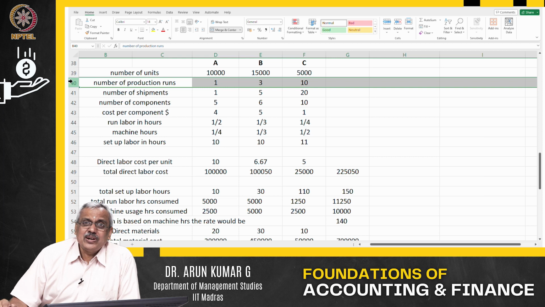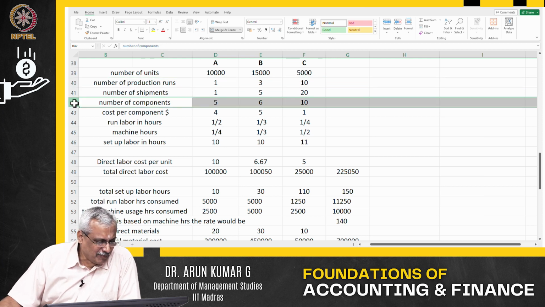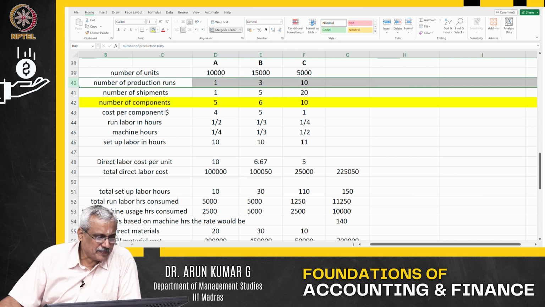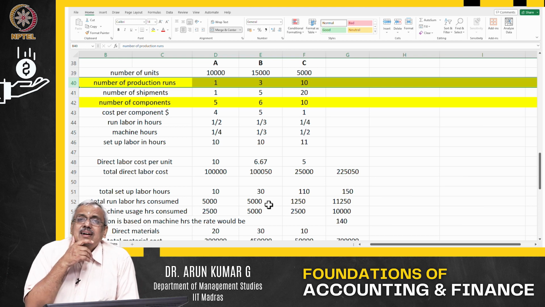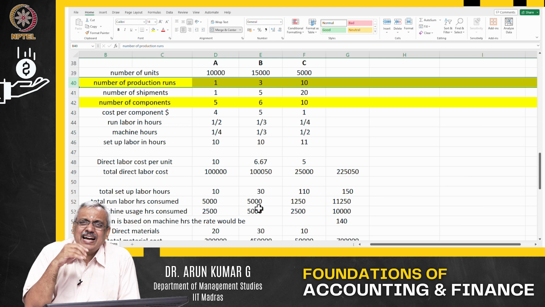Next is also related to the number of components. For example, in product A, the number of components is 5 different components. I receive 5 components, and I receive them only once. So I spend time receiving each component only once.